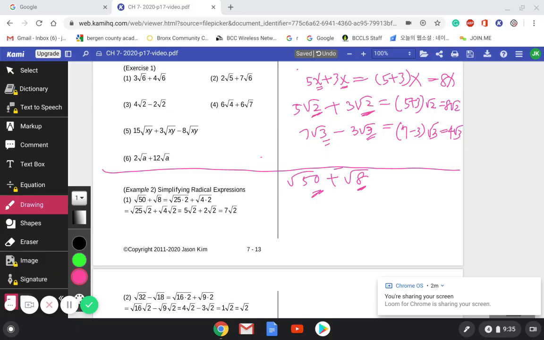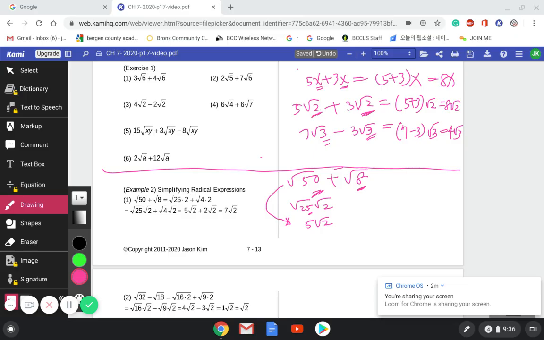So if I change square root of 50 as square root of 25 and 2, 25 is a perfect square number, so you end up with 5 radical 2. So square root of 50 has the same value as 5 radical 2.